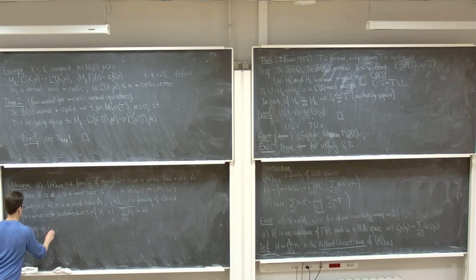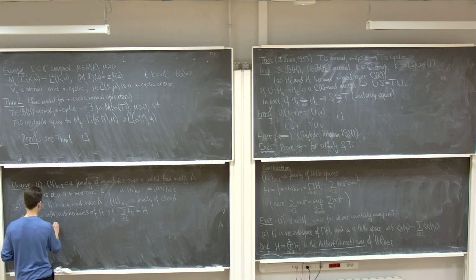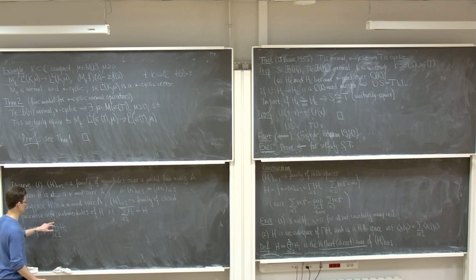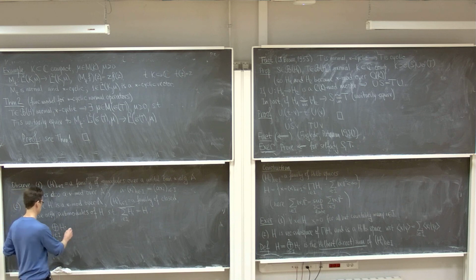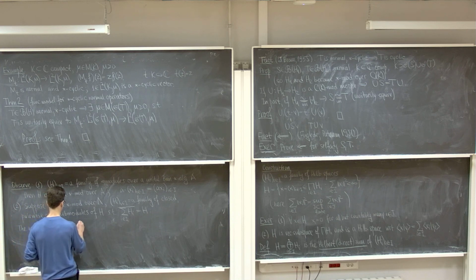This is the map from the algebraic direct sum, so I don't put a dot here, meaning that this is the algebraic direct sum, to H.